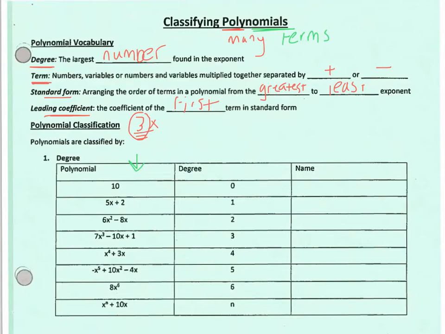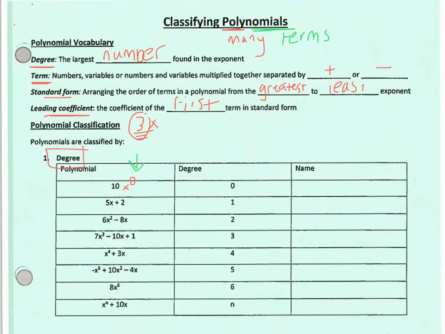When we classify polynomials, basically when we name polynomials, we're going to give them a first and a last name. Their first name is their degree. And so remember that a degree is the largest number found in the exponent. So we start off with the hardest one to see. 10 is actually degree 0 because there's an invisible x to the 0 right here.